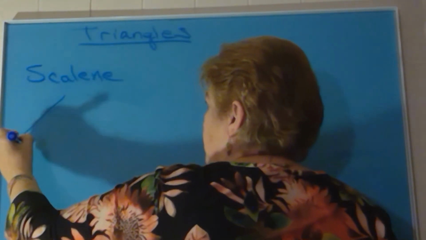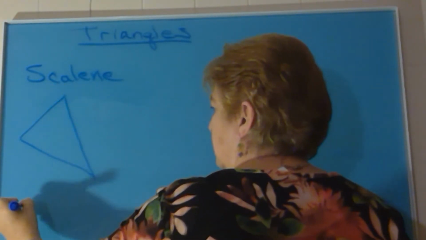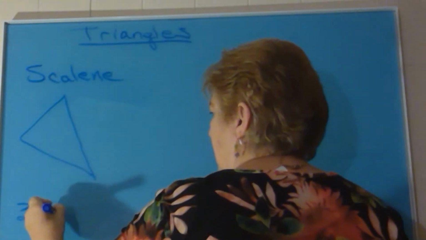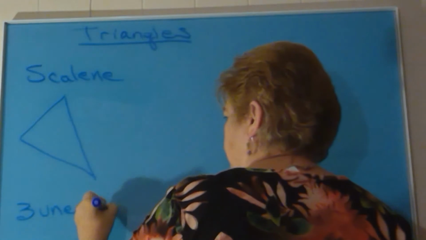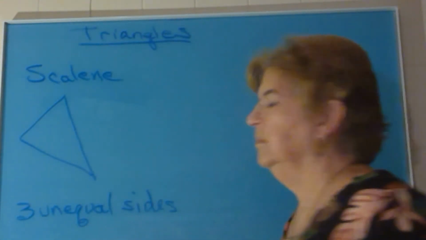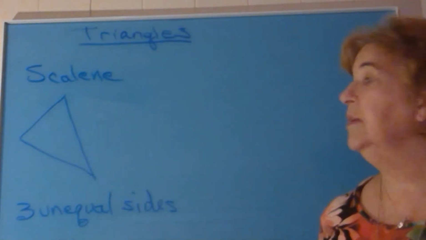A scalene triangle has 3 unequal sides. It doesn't have any sides that are the same length.